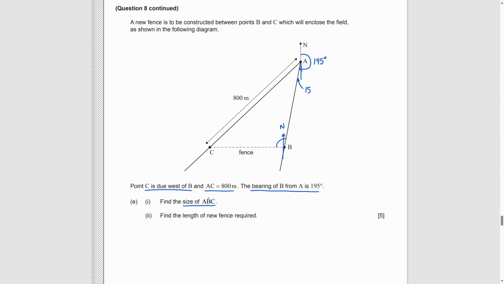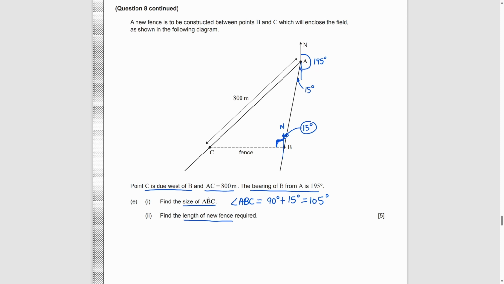So here is 195 minus 180, 15 degrees, and by alternate angles, here is also 15. Therefore, angle ABC is just 15 plus 90, 105 degrees. This question is tricky because the previous part used radians but it suddenly changed to degrees here.